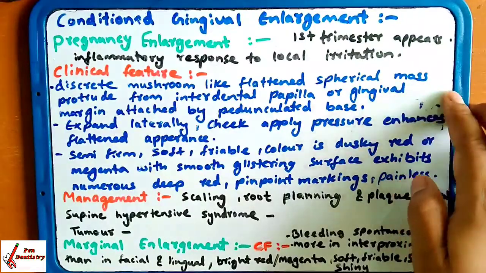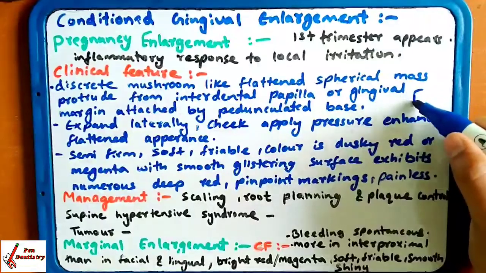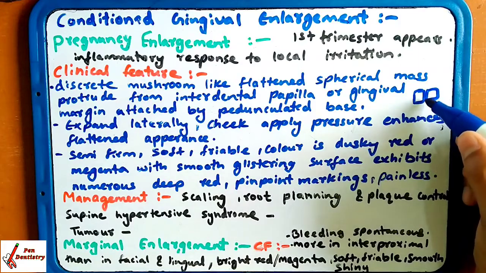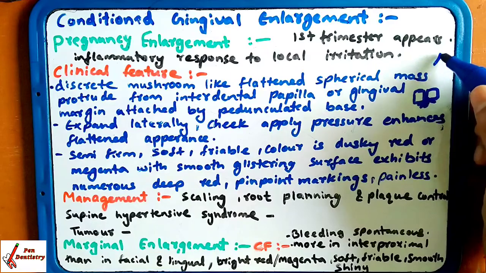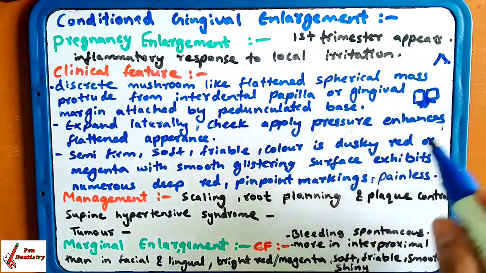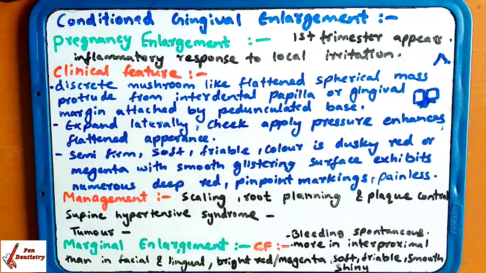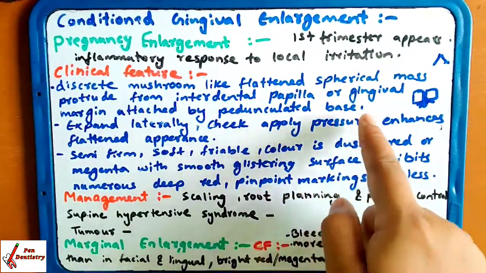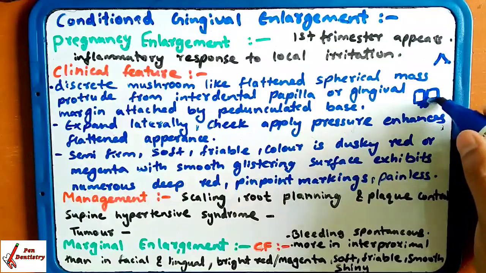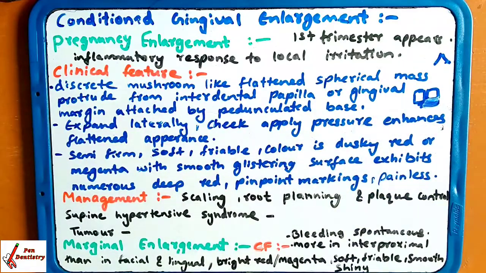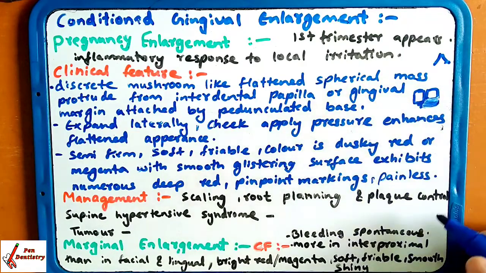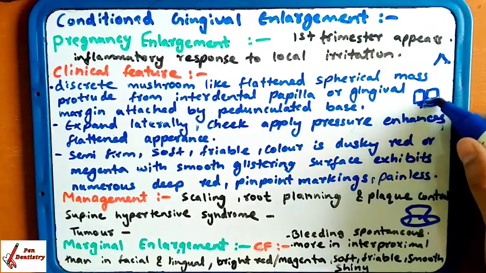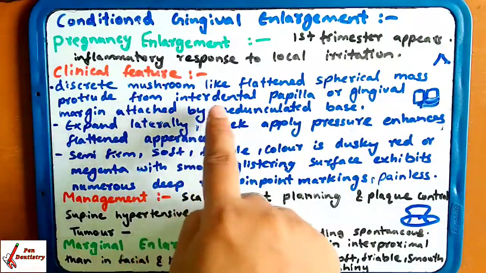The interdental papilla is present between the teeth in a triangular shape. From here the flattened spherical mass will appear, or the gingival margin is attached to the pedunculated base. The flattened base attaches to the margin, or it protrudes from the interdental papilla.